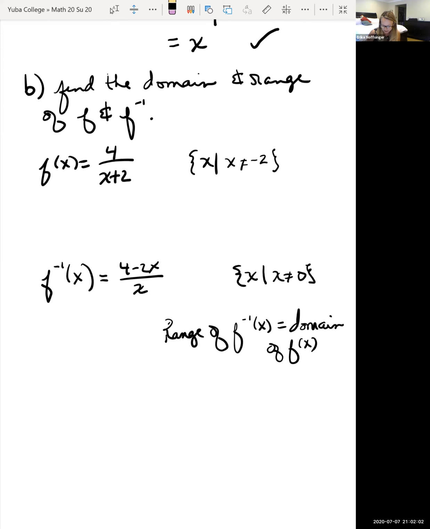So our range is y has to be such that y cannot equal negative 2. So because of this, my range of f of x is the same as my domain of f inverse. And so my range is going to be y such that, well, y can't be 0. And we'll see more of that, and we can verify that after we graph it.